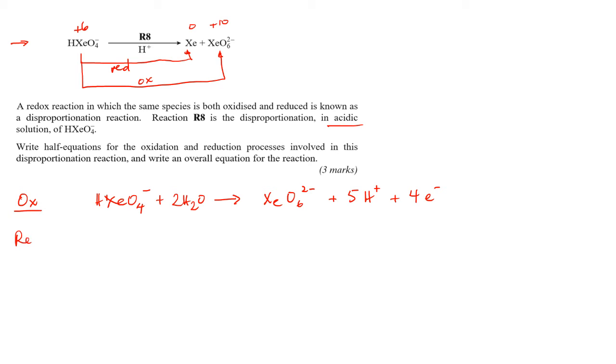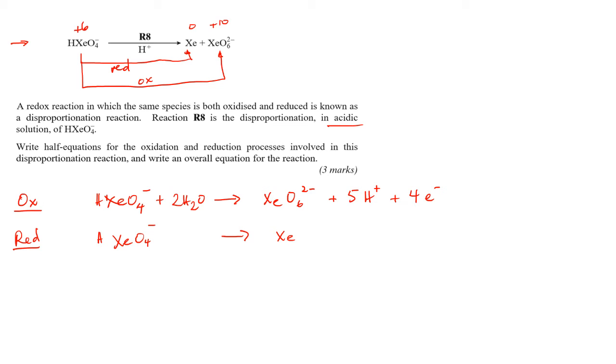Let's do a similar job for the reduction half equation. Again, because it's a disproportionation reaction, we start with the same reactant. Leave some space again, but this time our product is just xenon atoms. Xenon's balanced already for us.